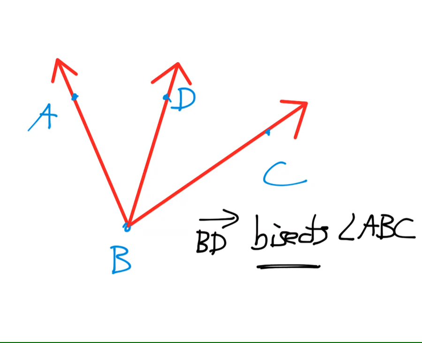So this piece, BD, bisected this entire angle, which means this angle is the same as this angle. I don't know necessarily that they're 45. They could be. But because this bisected this entire angle, those two are the same.